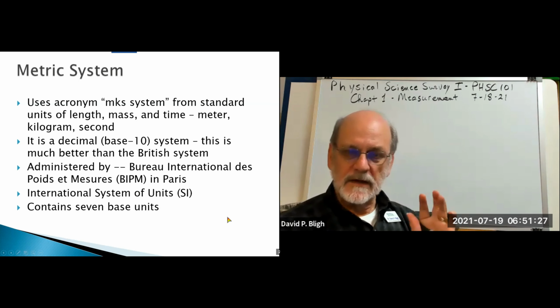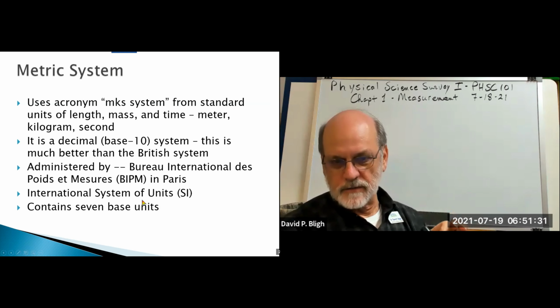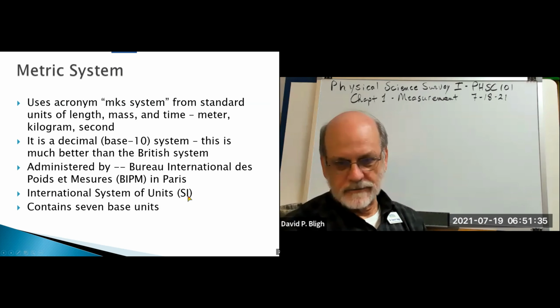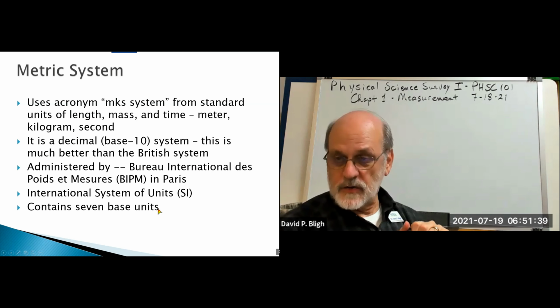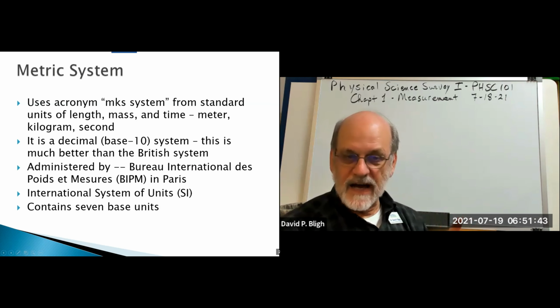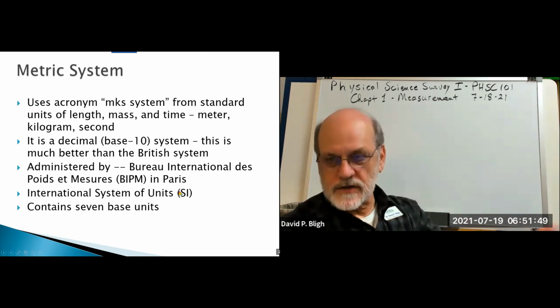So if you see a reference to SI units, that's what they're referring to. International System, which it's backwards because it's French. 7 base units, or 7 fundamental units, are defined by the International System, and from those, all the others can be derived.